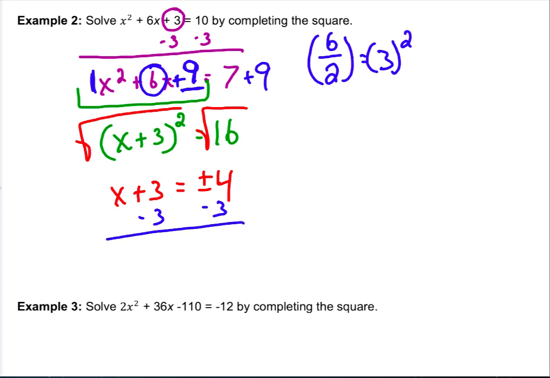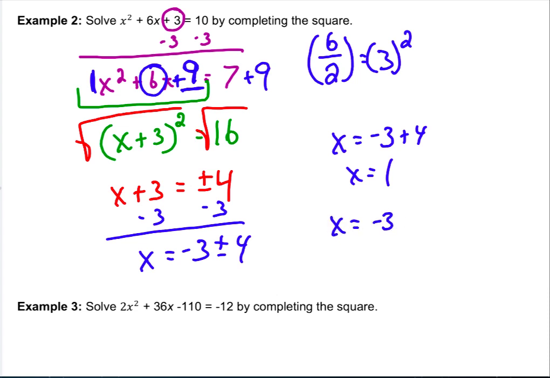I finish solving it, and I get x is equal to negative 3 plus or minus 4. So now I find my two answers. X is equal to negative 3 plus 4, so x is equal to 1, or x is equal to negative 3 minus 4, so x is equal to negative 7. So I have answers of 1 and negative 7.